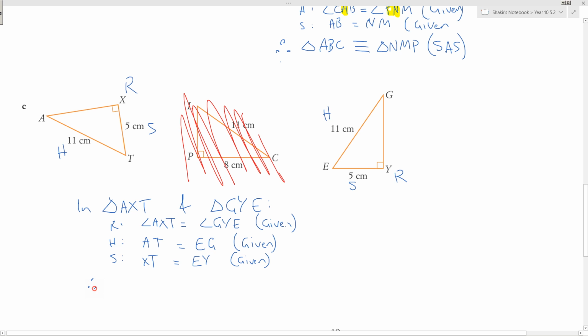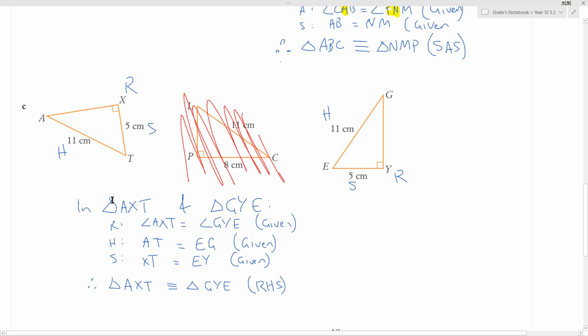And then, therefore, triangle AXT is congruent to triangle GYE, and by reason of RHS. And I'm done. It's very formulaic. It's structured. This is like a mathematical paragraph. We're proving it mathematically.